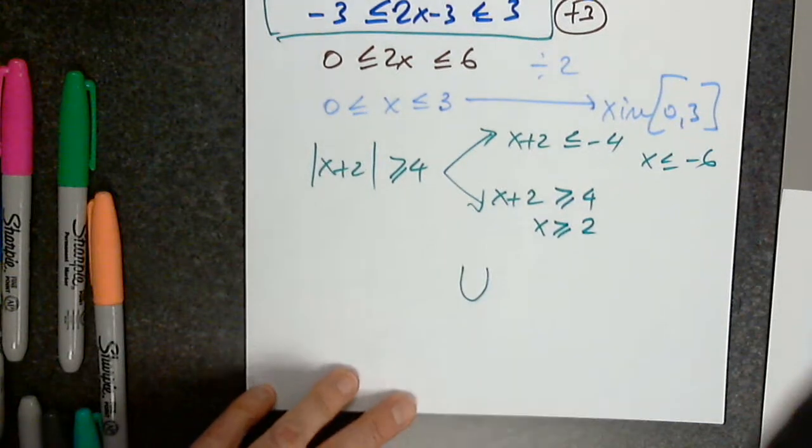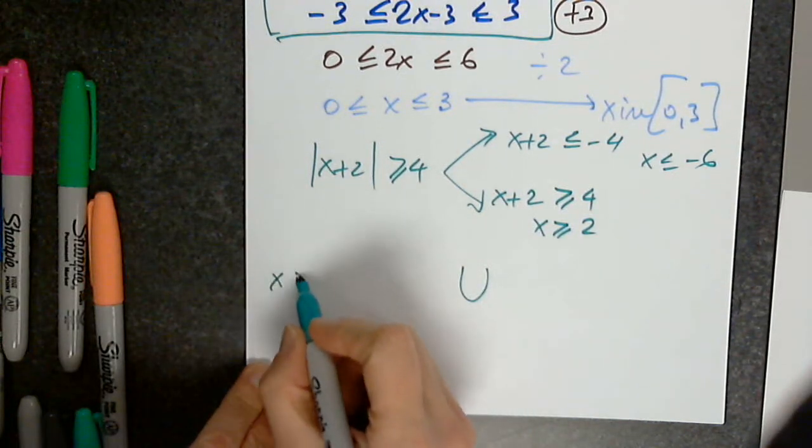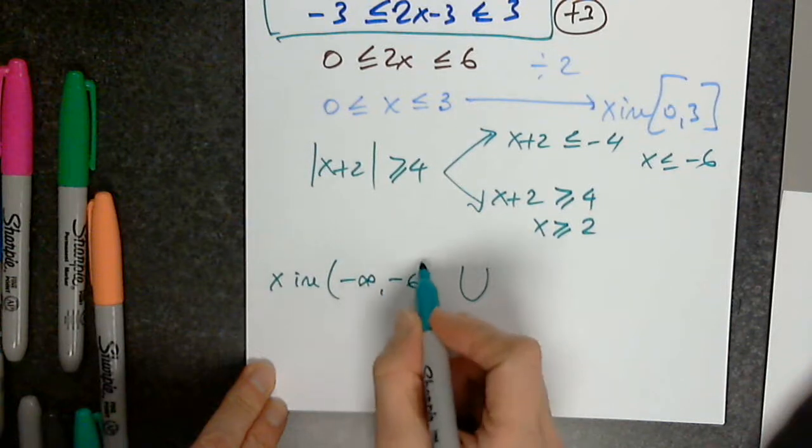The solution for this one will always have the union symbol in between. And we start from left to right. Which inequality will you write first? The smaller one, of course. -6 with bracket. Very good.